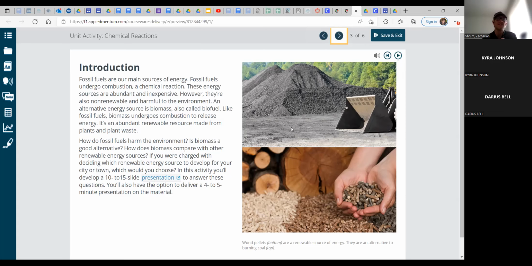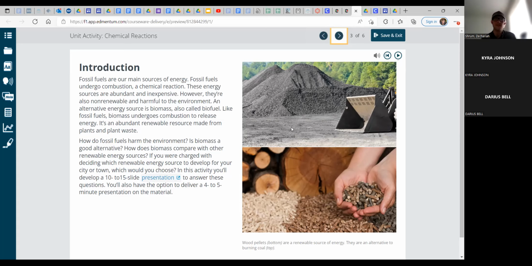And they're inexpensive once we harness the energy and make it usable for humans. But the catch is they're non-renewable and they hurt the environment if we're using too much of them for too many things, right? You see this over-reliance on these energy sources, and that can have a negative effect.